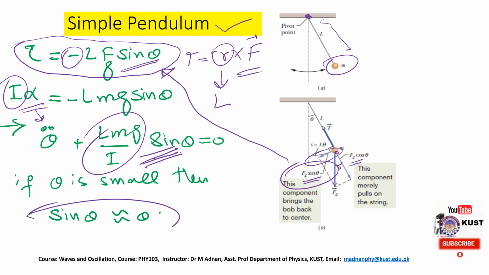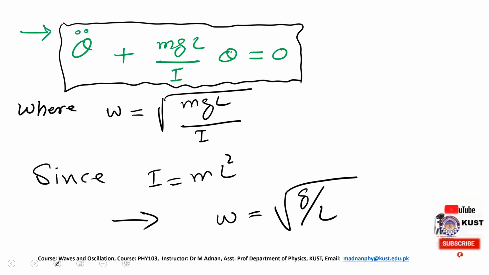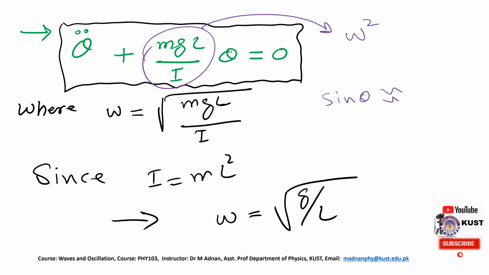For the small theta approximation, this equation is written as theta double dot plus omega squared times theta, since for small theta, sine theta is very small, so it is equal to theta.